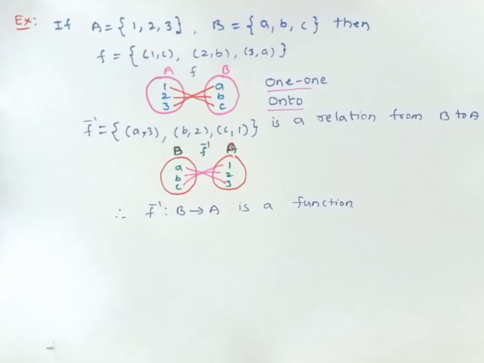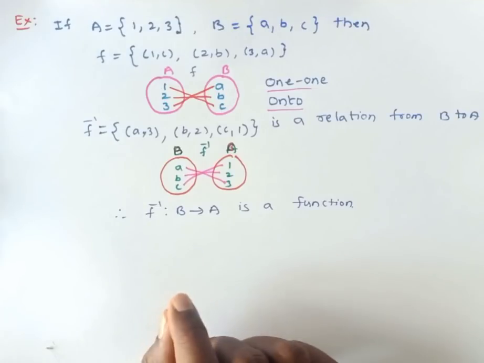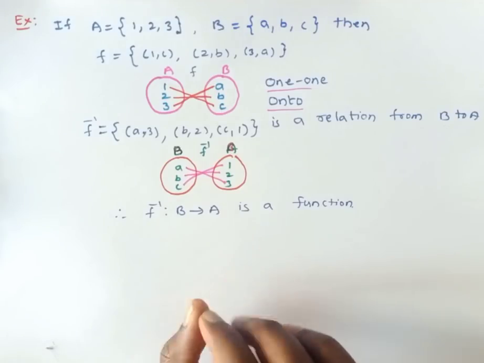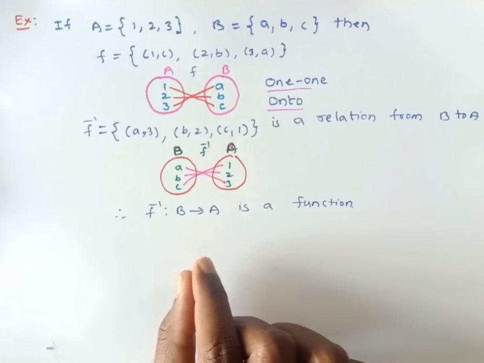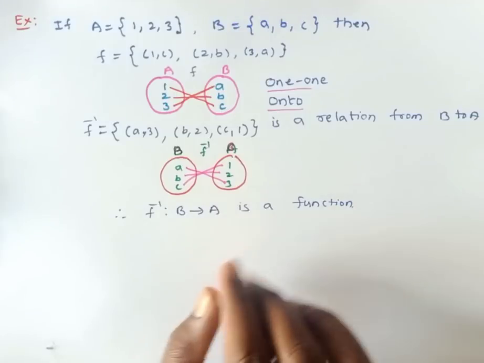If F is a bijection from A to B, then F inverse is also a bijective function from B to A. So the inverse relation is said to be a function only if F is compulsorily a bijection. If it is only one-one, then F inverse is not a function.